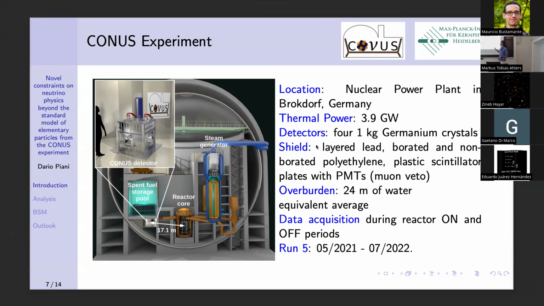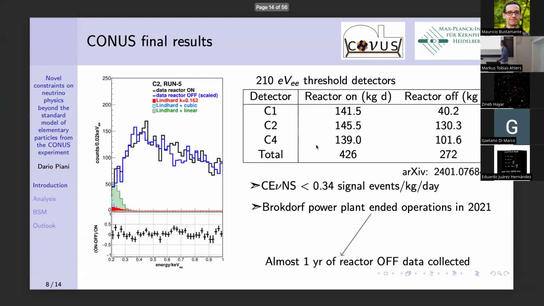And there was already in the room where the experiment was situated a 24-meter overburden. And very important, the data acquisition was done both during reactor on and reactor off periods, because once a year for a month, the reactor was turned off for maintenance reasons, but that offers a very important piece of information to validate the background model.